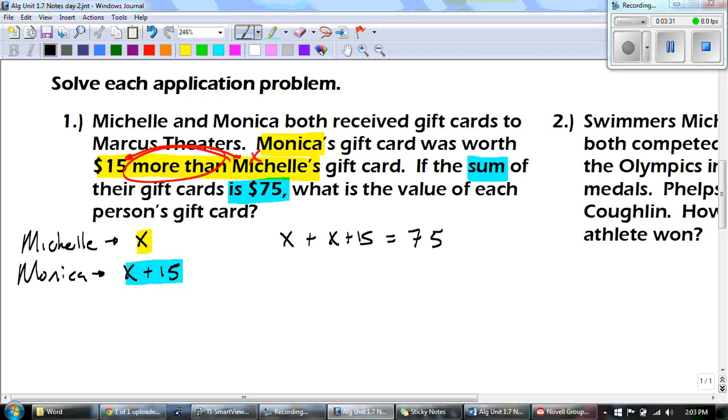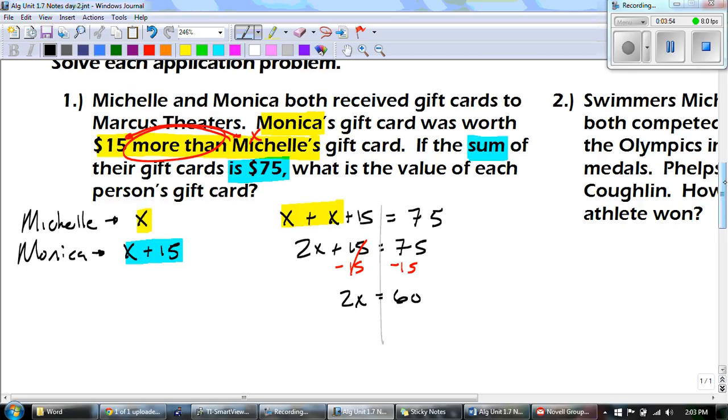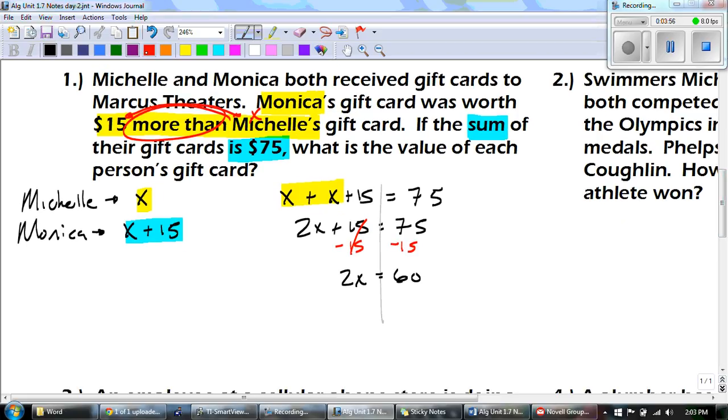Okay, so now we have to solve. To solve, the first thing I'm going to do is combine my like terms. We get 2x plus 15 equals 75. And now I'm going to solve using SEDMAP. Subtract 15. We get 2x equals 60. And then to solve for x, I'm going to divide by 2.